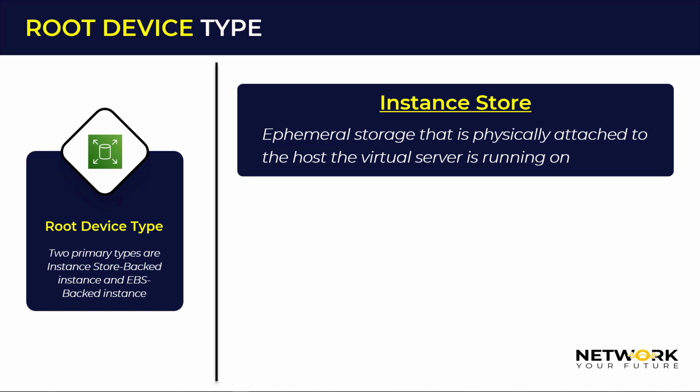Inside of a computer, you have what's called random access memory, better yet referred to as RAM. Think of this as the equivalent of instance store volume, because just like the RAM inside of your computer, the data on an instance store volume persists only during the life of the associated instance, meaning if an instance is stopped or terminated, any data residing on that instance store volume would be lost.